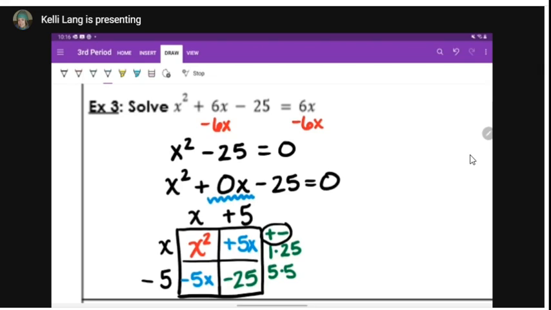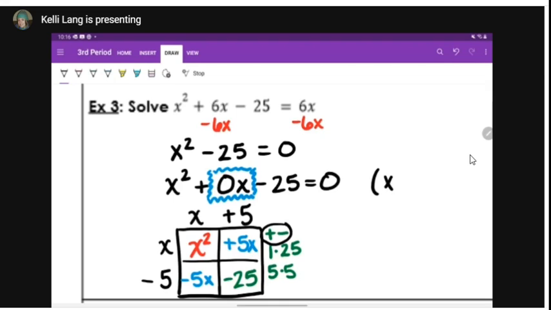I hope you're seeing it now. Positive 5x and negative 5x add together and cancel out. That's how we would have ended up with this 0x in the middle, because we had a positive 5x and a negative 5x. They have opposite signs but the same value, so they cancel out and give us 0x. So this is actually a perfect factoring.